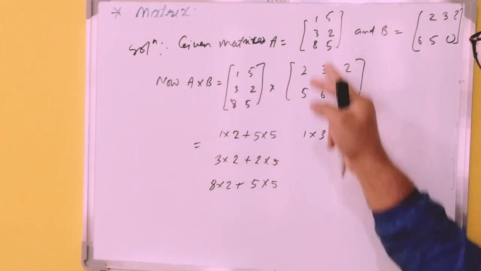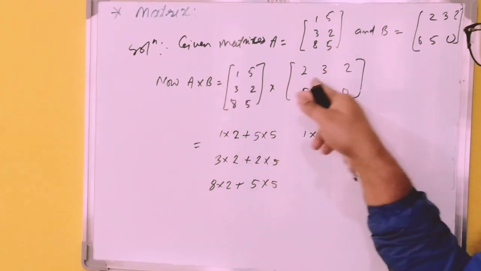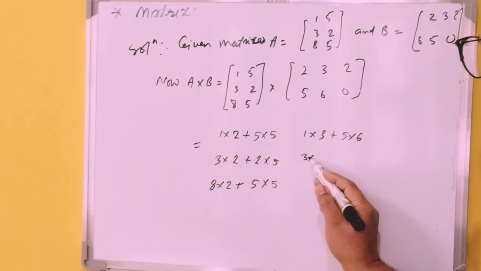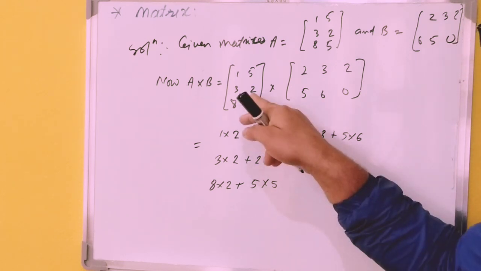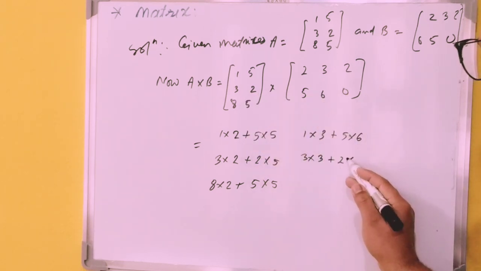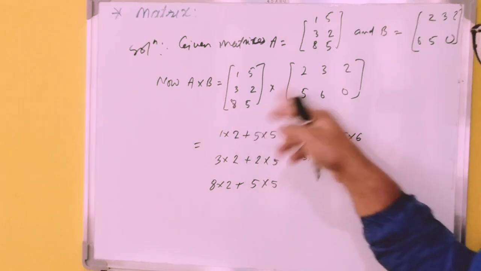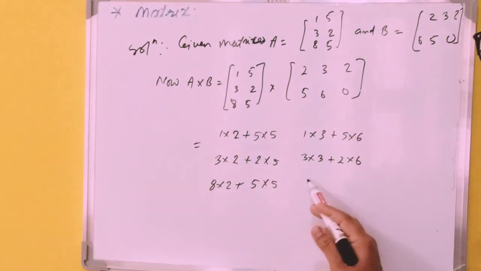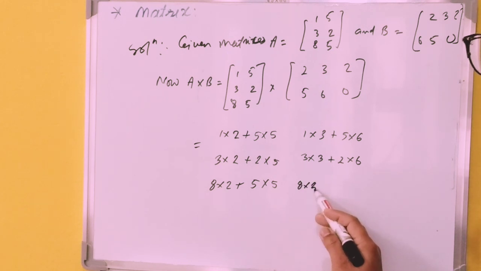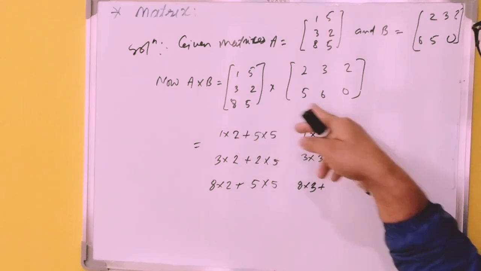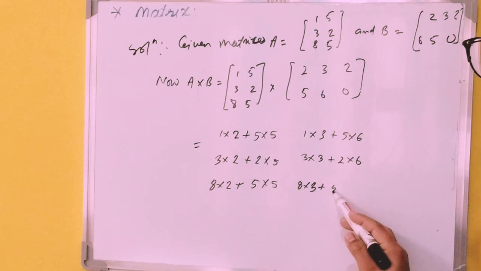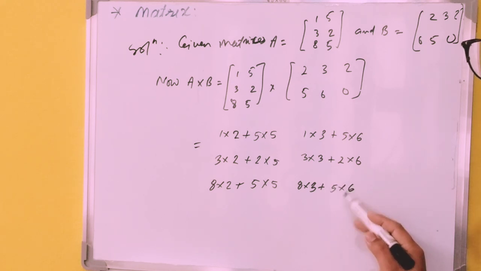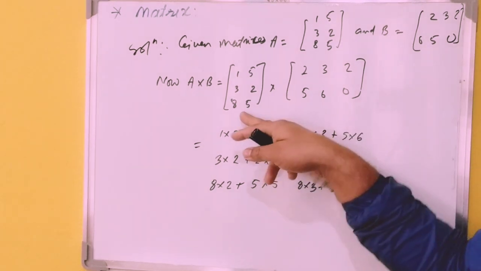Again for the second row and second column, let us multiply: 3 into 3 plus 2 into 6. Again for the third row and second column: 8 into 3 plus another 5 into 6.